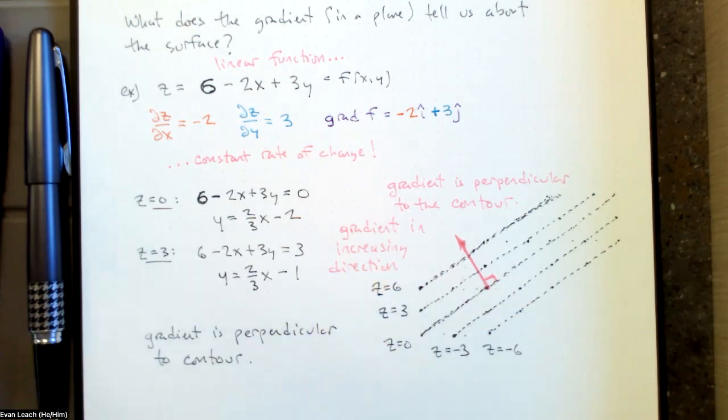We also want to notice the gradient is pointing in the direction where the values of z are increasing. The gradient is telling us the direction of maximum increase.